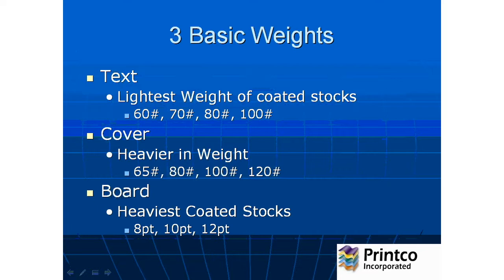Board weights is our third, and they are measured in points instead of pounds. The most popular weights are 8 point, 10 point, and 12 point. While not equal, a 10-point sheet is approximately equal to a 100-pound cover. Take a moment to feel the difference in the weights of the different samples in the swatch book.